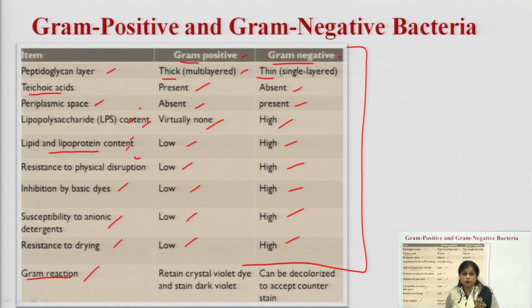These staining reagents were added within the same mechanism so that we can differentiate between gram positive and gram negative bacteria. Now how did this procedure happen?